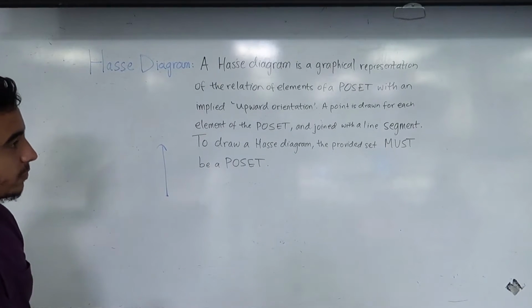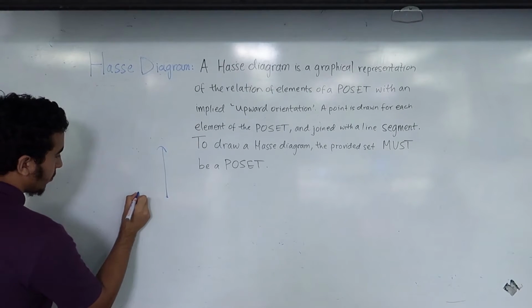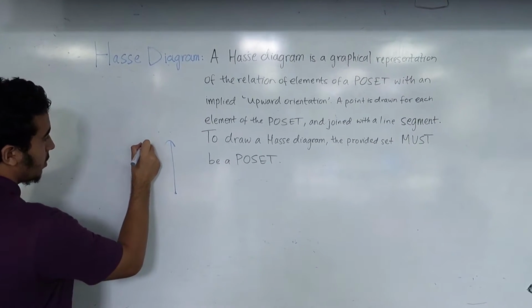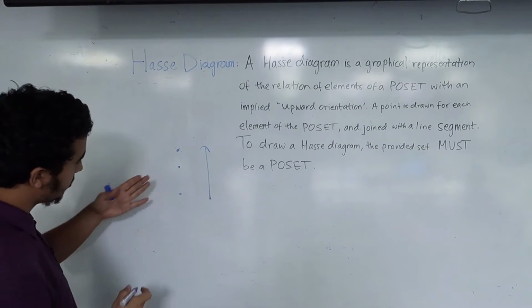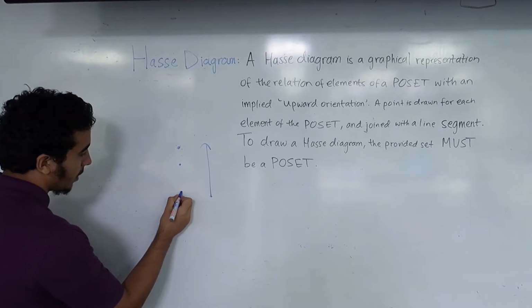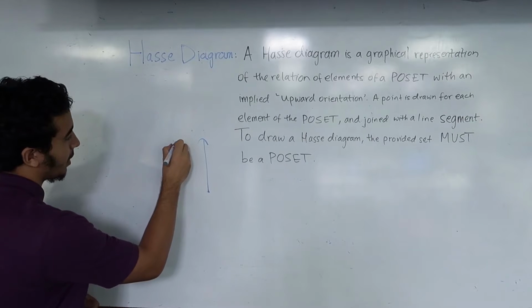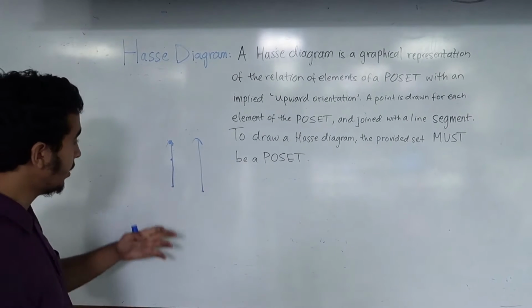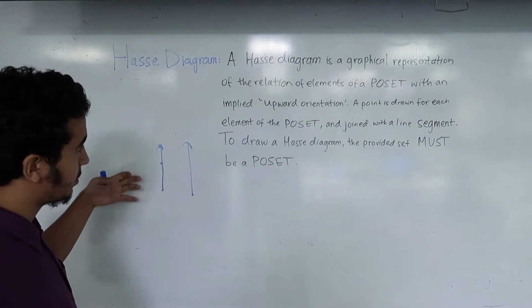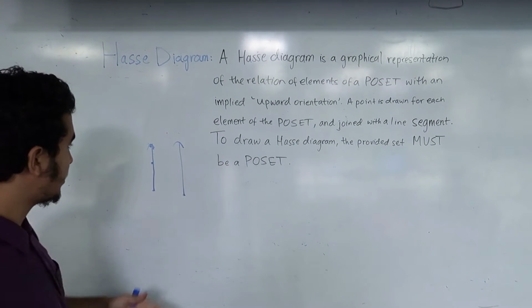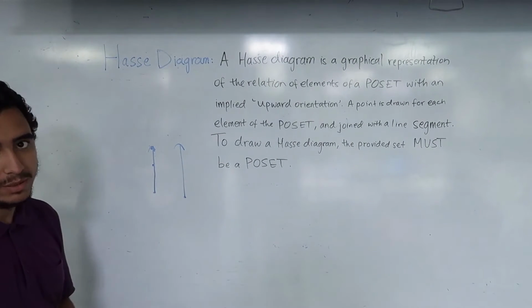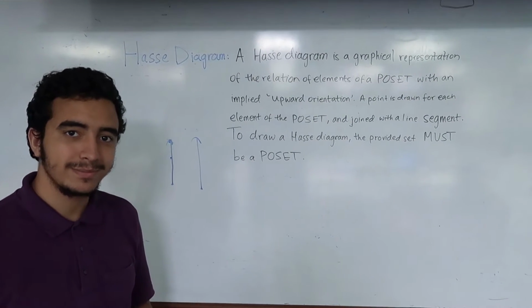A point is drawn for each element of the partial ordered set, and these elements are joined by a line segment, just like that. The condition to do these steps is the provided set must be a poset, a partial ordered set.